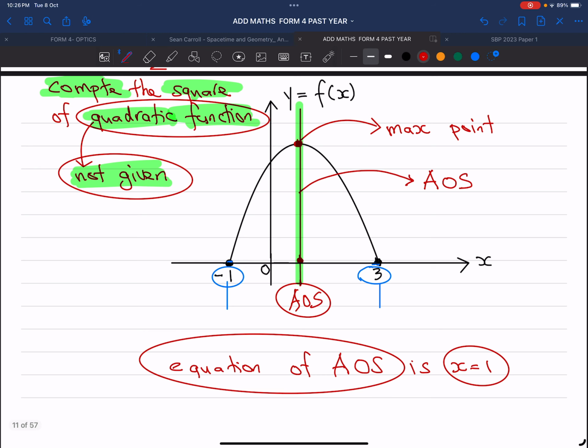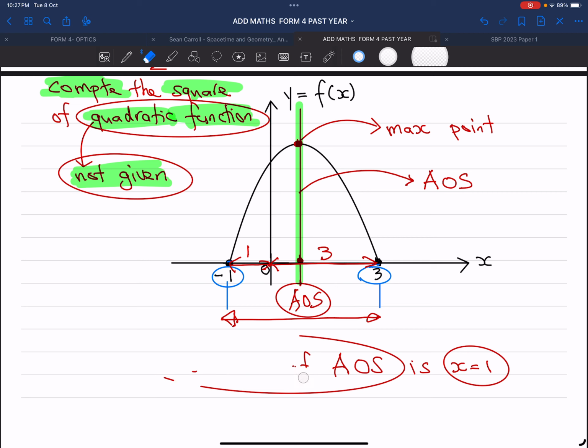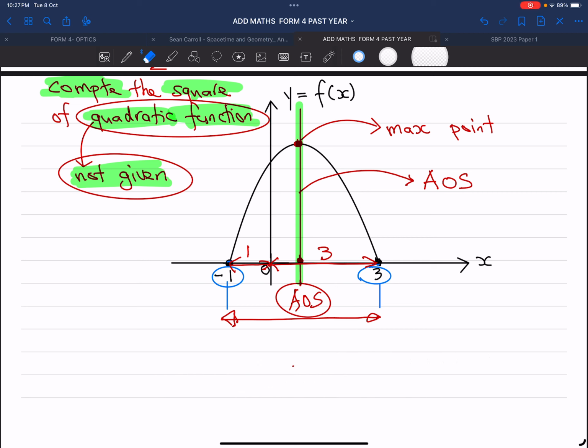From here to here, this is 1. From 0 to 3, the length is 3. So the total length between -1 and 3 is actually 1 plus 3, which is 4.